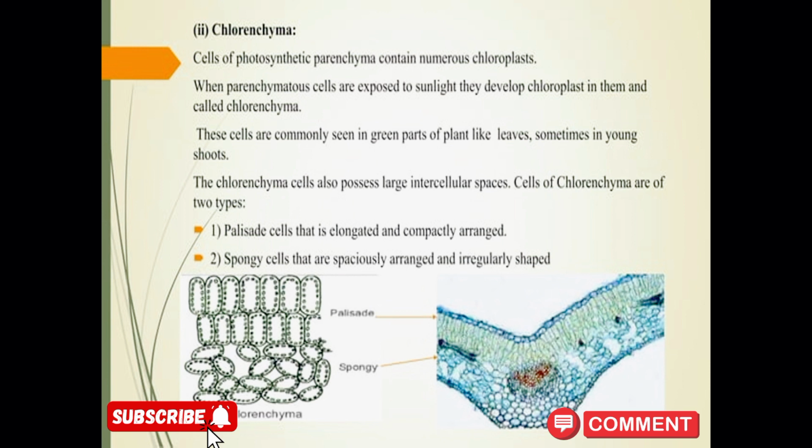Palisade cells are elongated cells and spongy cells are rounded cells. Within the spongy cells, intercellular spaces are present, while in palisade cells, no intercellular spaces are present, or we can say a lesser amount. So chlorenchyma performs the function of photosynthesis.